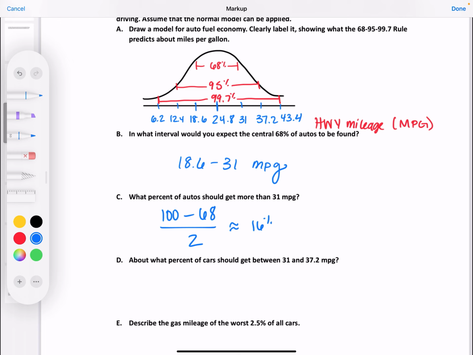So I'm going to take 95 minus 68, which gives us the stuff that's between 1 and 2 standard deviations away on both sides. So I need to cut it in half again. 13.5. Again, it's an approximate, because it could be a little bit off, but 13.5%.